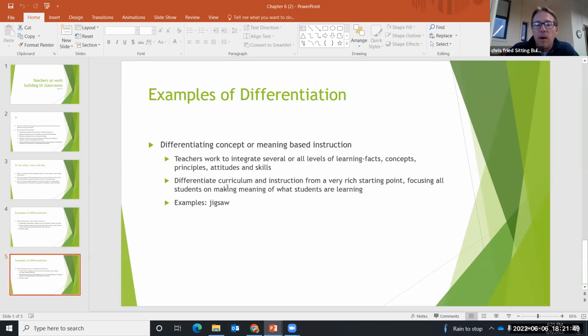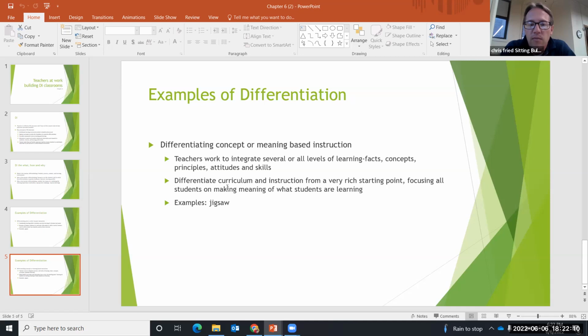The other one that the book talks about here and gives a lot of examples of in chapter 6 is concept and meaning-based instruction, right? So here we're talking about trying to integrate several different levels, or maybe even all levels, of learning: facts, concepts, attitudes, skills, different principles.